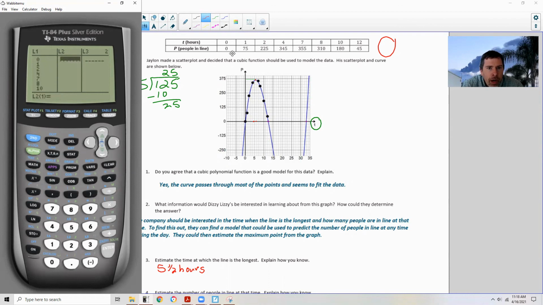Then we put in our Y's, in this case, P, people. So 0 is going to be 0, then 75, 225, 345, 355, 310, 180, and finally 45.